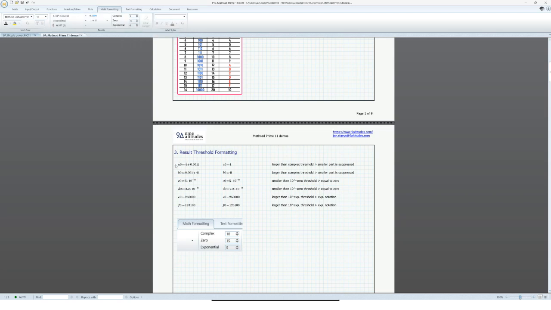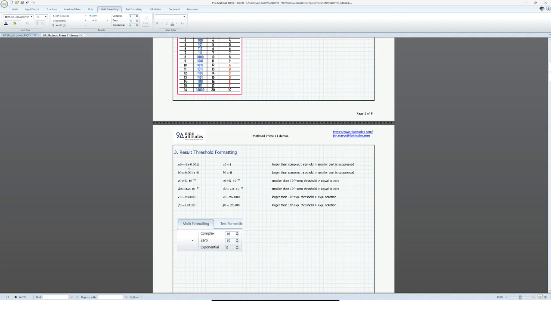So I have two examples. As everybody will know, a complex number has a real and an imaginary part. If one of these parts is bigger than the setting here, the smaller part will be suppressed, meaning that here you can see the biggest part has a value of 4.